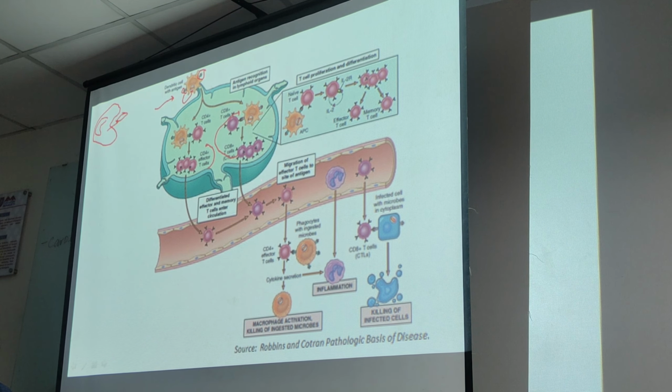So if it's an MHC class 2, it will specifically bind to CD4 T cells. An activated CD4 T cell upon binding will proliferate, will make its way into the bloodstream, travel, and find where the infection is.